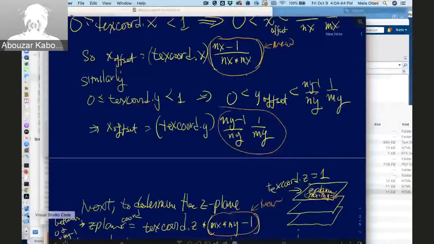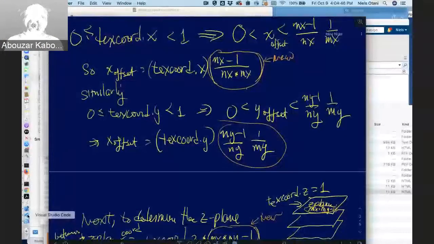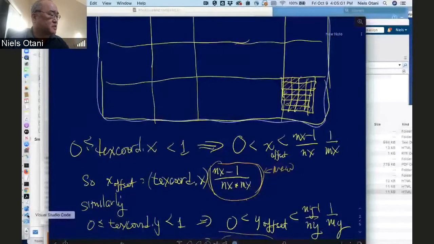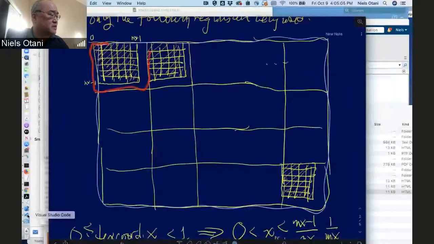Great. So to respond a little bit to what you just said. If your original coordinates, for example in the x direction, this thing which you call the texture coordinate, originally run from 0 to 1, then what you want to do is map this quantity which runs from 0 to 1 inside one of these boxes.